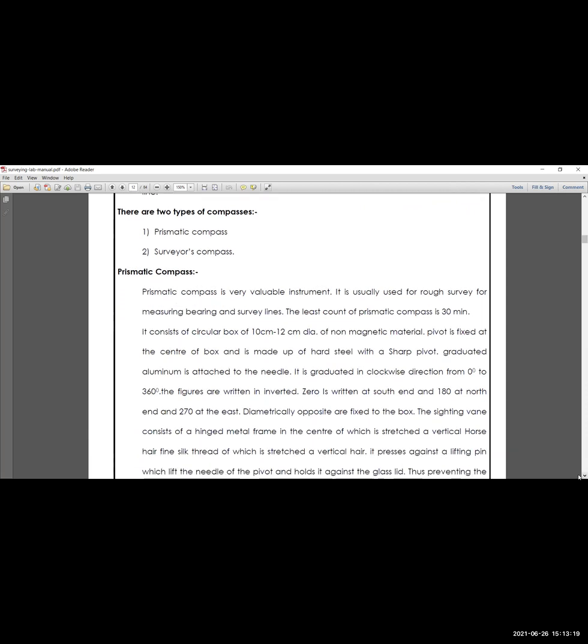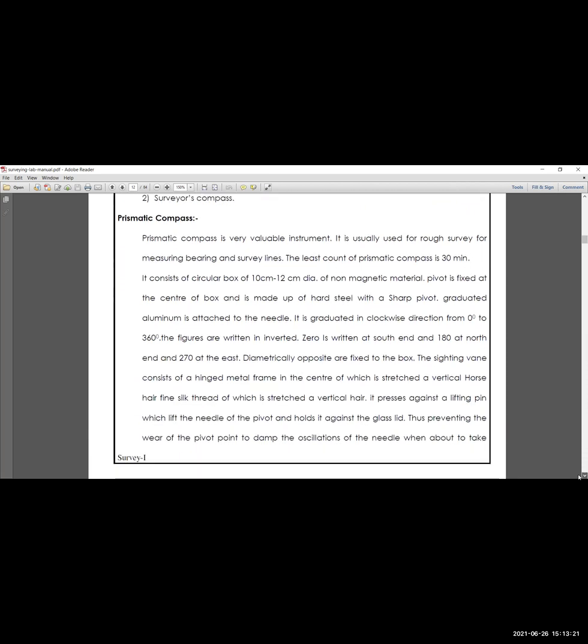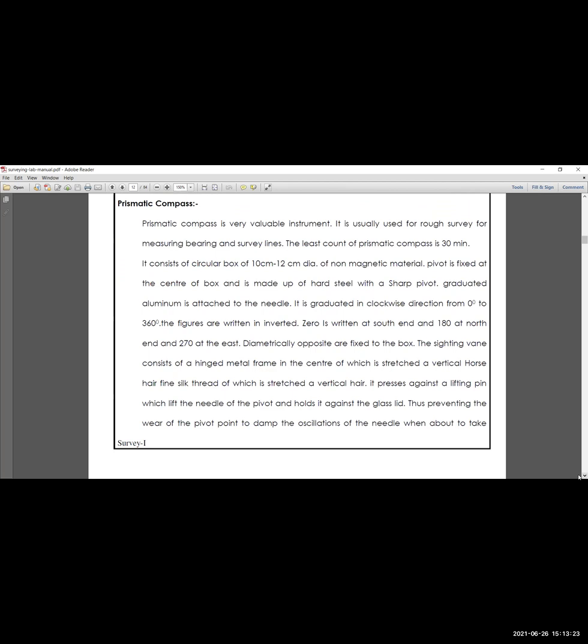So generally there are two types of compass. First is the prismatic compass, second is the surveyor's compass. In the lab, for the measurement of horizontal angle, we generally use the prismatic compass. The prismatic compass is a very valuable instrument and it is usually used for rough survey for measuring bearing of survey lines.